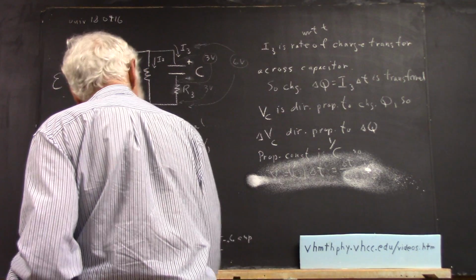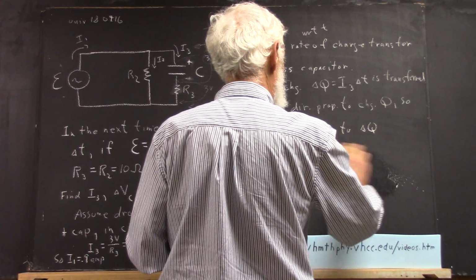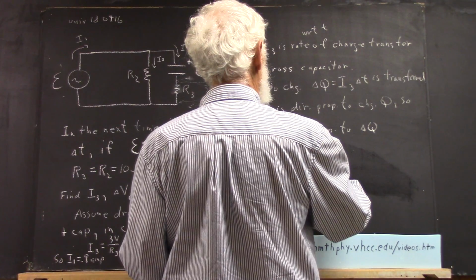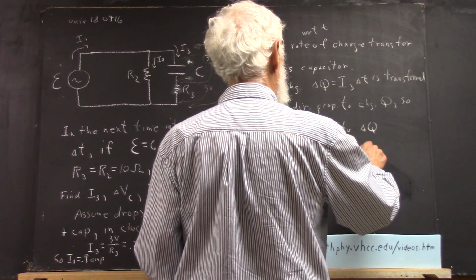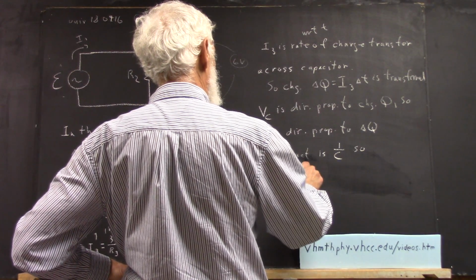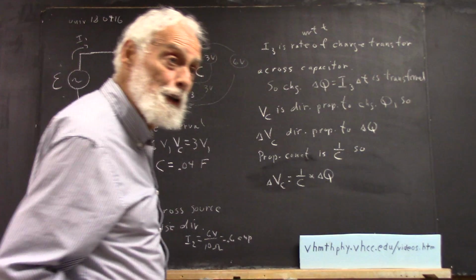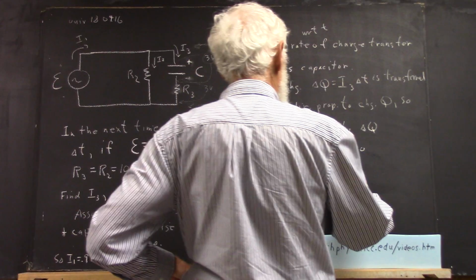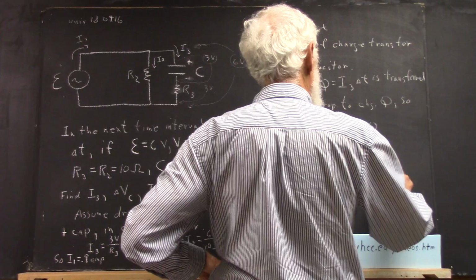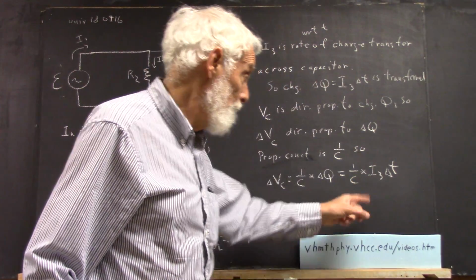So let me try to make sense out of what I'm trying to say here. Proportionality constant is 1 over C. So it's this, right? And of course that's 1 over C multiplied by I3 delta T. Actually thinking about what I'm writing, and I think it might even be accurate.